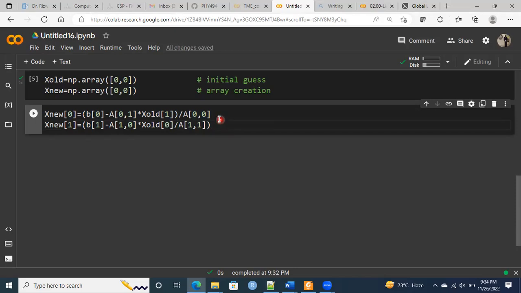Okay, let me confirm the balance of parentheses. Okay, the parentheses should be balanced over here. And I add a comment here that it is from the first equation. For the time being, we are working with the explicit notation.